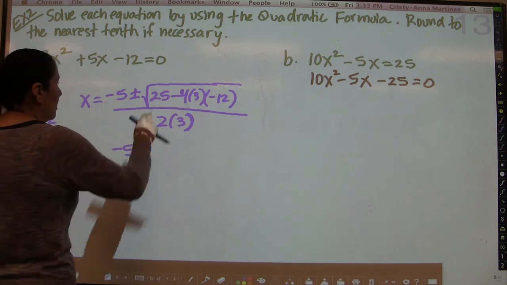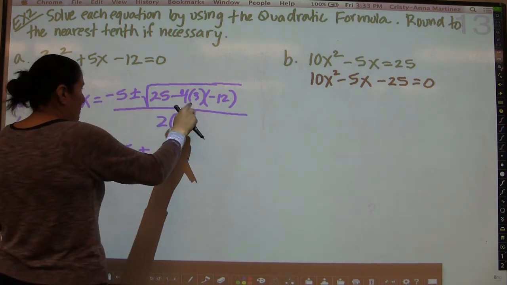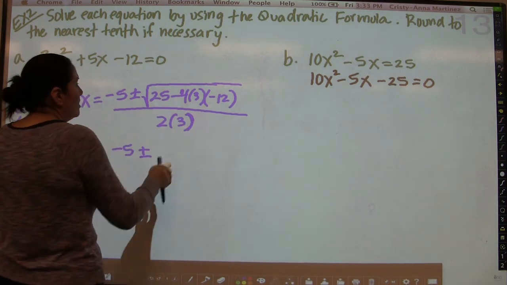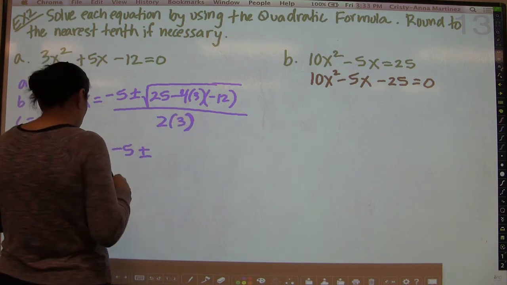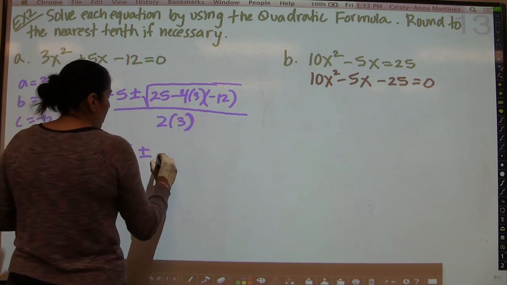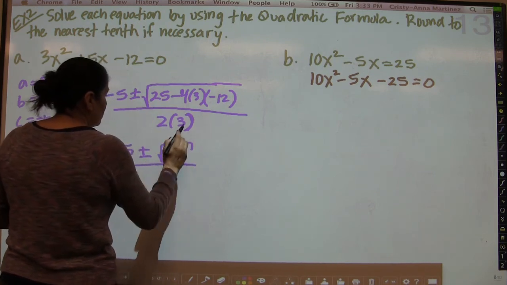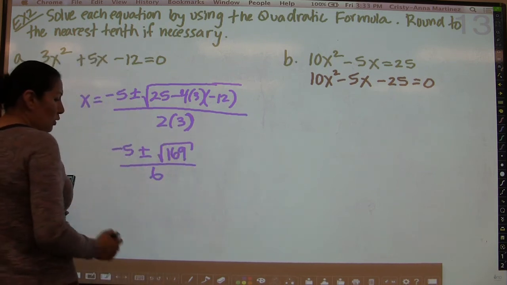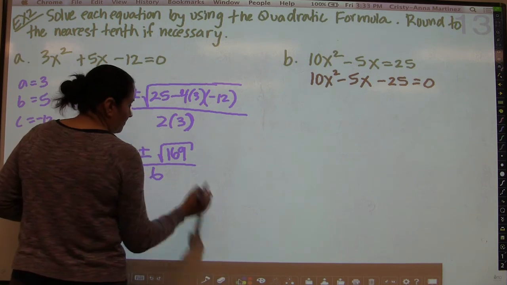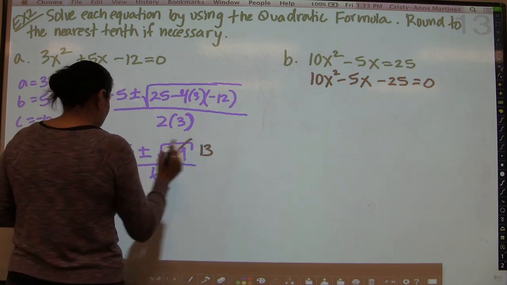So we're going to take 25 and add, because you have negative times a negative, that's positive. So we're going to have 25 plus 144, which is actually 169. So the square root of 169 all over 2 times 3, which is 6. Now the square root of 169 is actually 13.